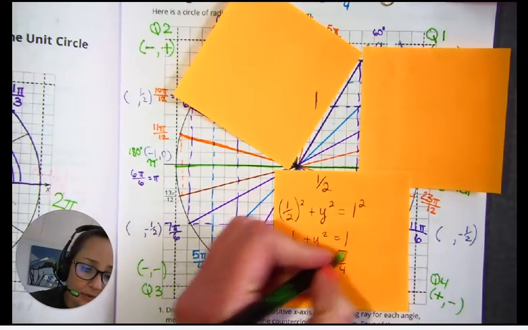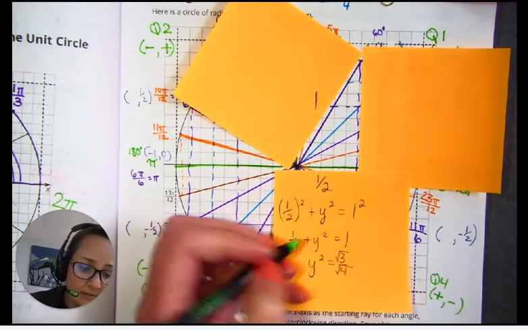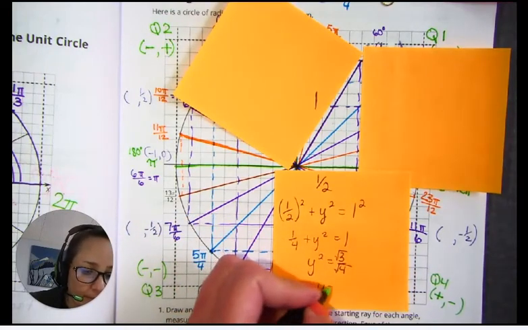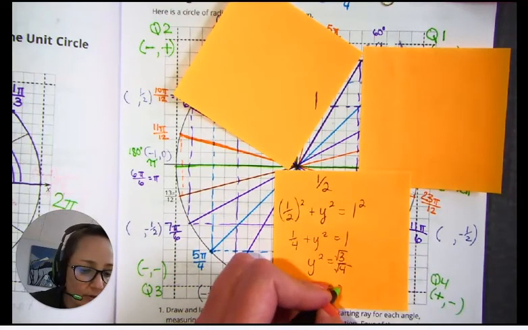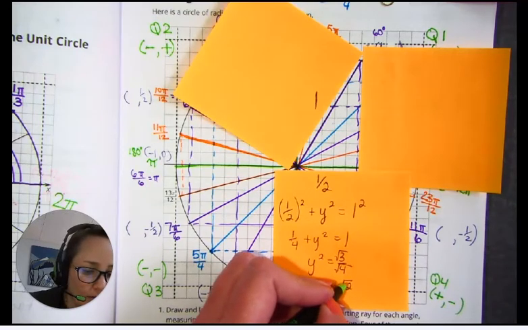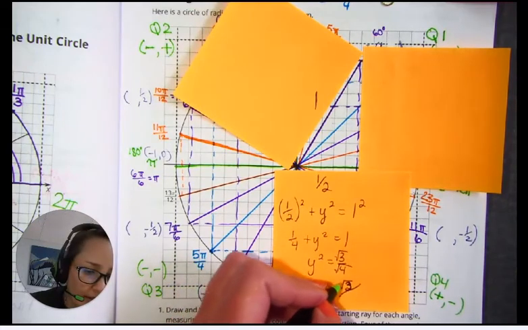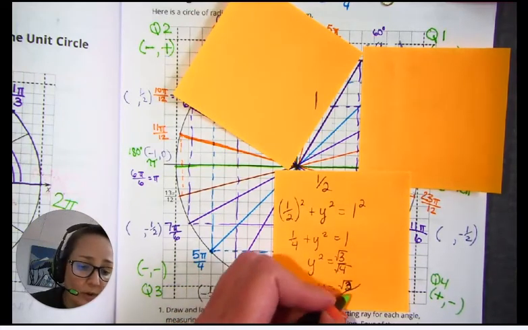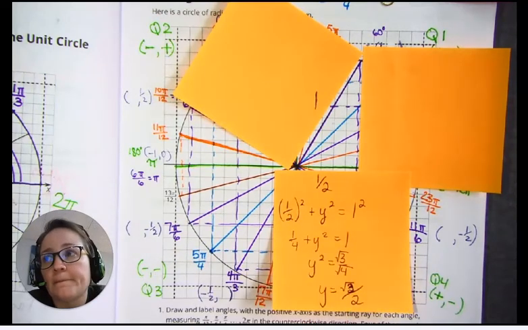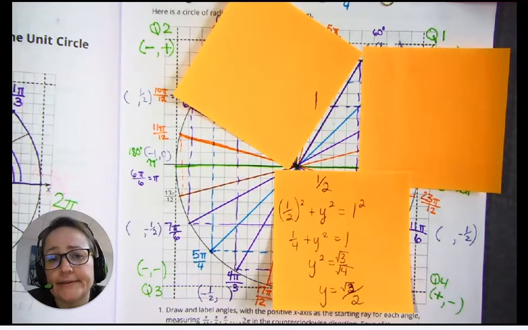Taking the square root of each of these, I can't simplify the square root of 3, but I can simplify the square root of 4. It's just 2. Now that's like 0.866 on my calculator.